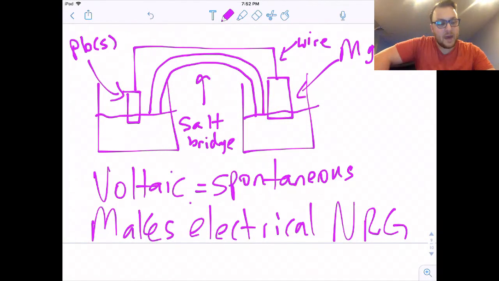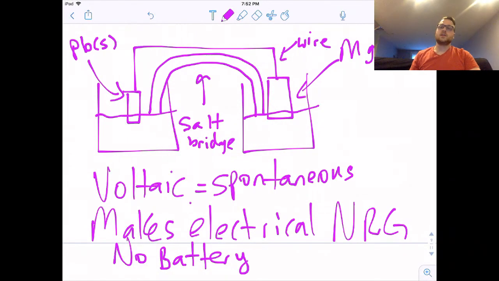As soon as you connect Mg and Pb, Mg will be oxidized since it's above Pb on table J. So Mg will be oxidized, and Pb, since it's lower, since it's going down table J, gets reduced. As soon as you connect these 2 things, you're going to start producing electrical energy.